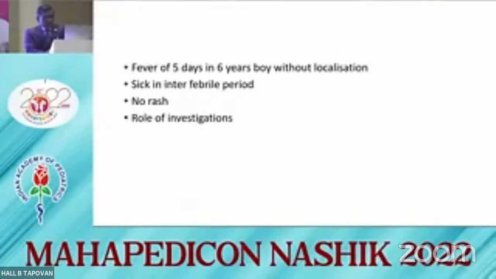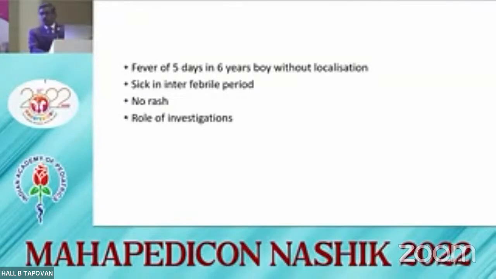Now, how is the child on day 3 or day 4 of the fever? If the child is all right on day 4, we are probably sure it is a viral infection. On day 3 and day 4, they are more likely to have localization of symptoms, or we know what the anatomical site could be and what the etiological causes could be, and we will do investigations to confirm the diagnosis rather than finding a needle in a haystack.